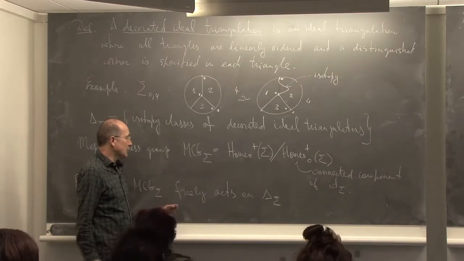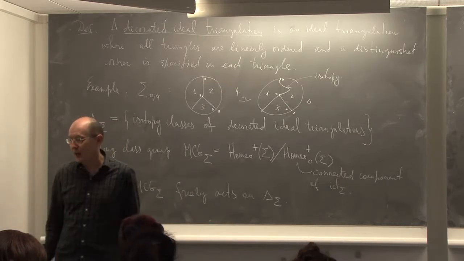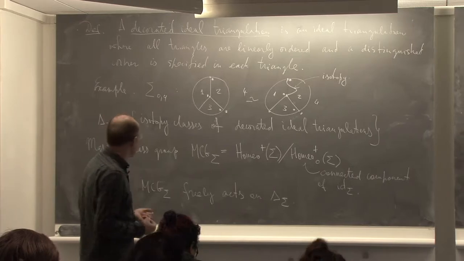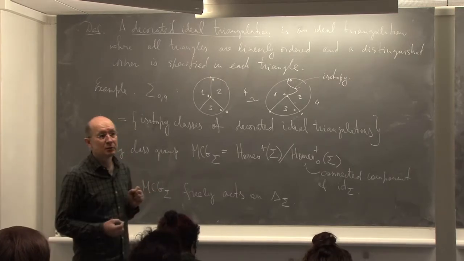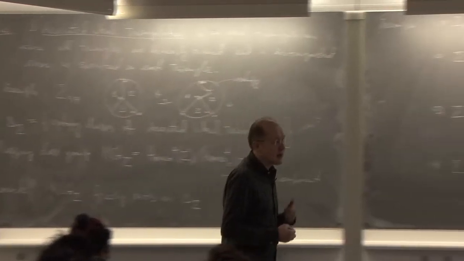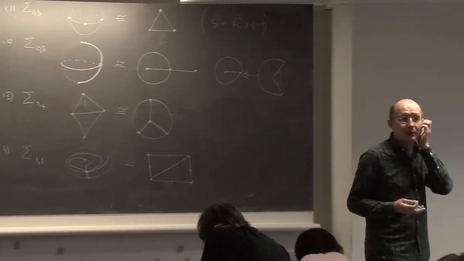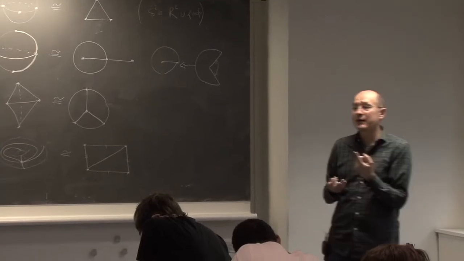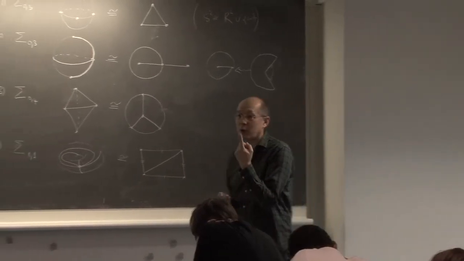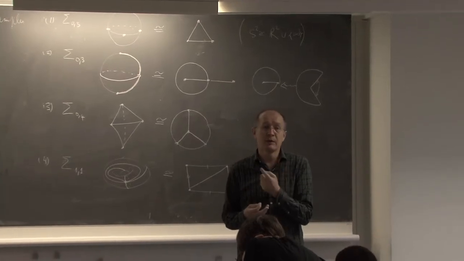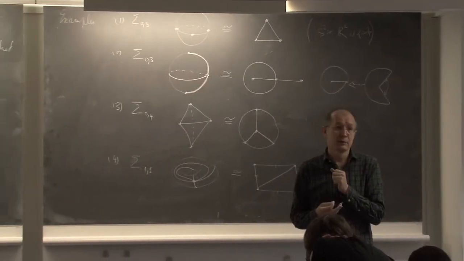Okay, so I'm not going to prove this, but I'd like just to remark that without decoration, this statement is not true. But actually, to make the action free, we don't need too much decoration. One can show that it suffices to fix an orientation on one single edge of an ideal triangulation to make the mapping class group action free.